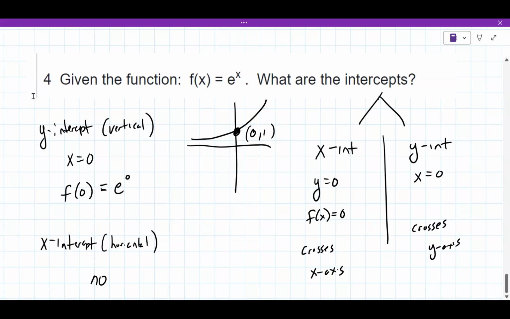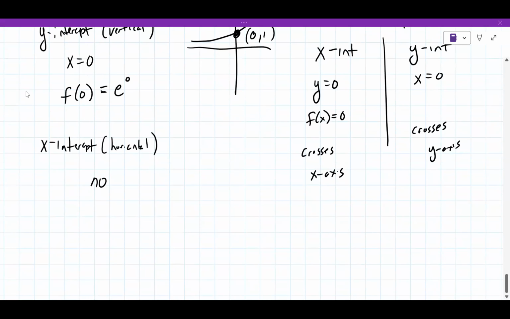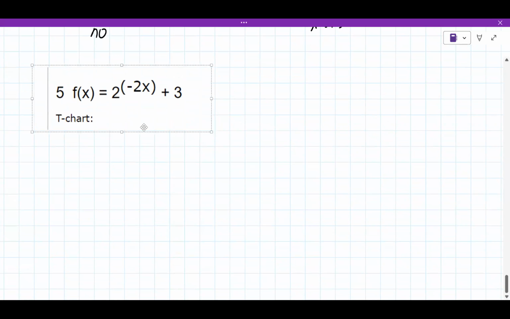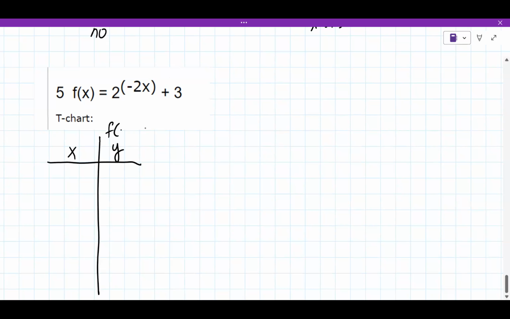Let me know when we can move on to number 5. Oh yeah, I'm ready. All right. So number 5 has a lot of instructions here. They want you to find a number of things. They want you to first make what's called a t-chart, which is a t, with x, and then y or f of x, as you prefer.